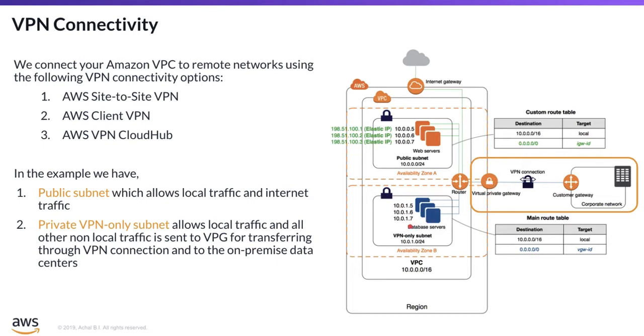So everything from the database servers goes to the virtual private gateway, and everything from the public subnet goes to the internet. The IGW literally means internet gateway, which is here. All requests come to the router, and the router will direct them to the internet gateway. Here you see the public subnet and the VPN-only subnet.